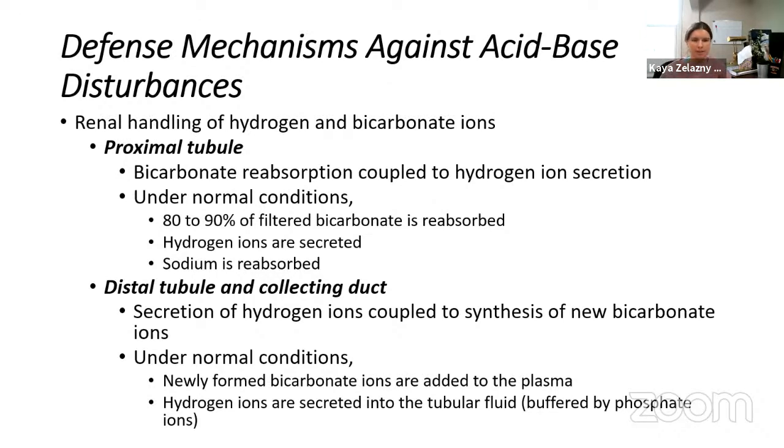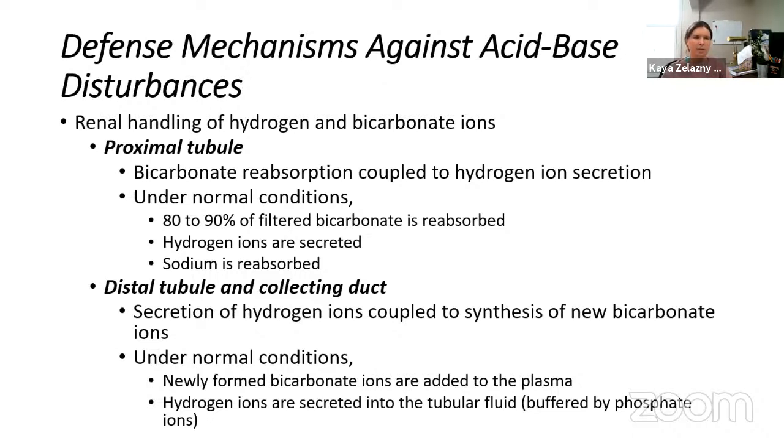So normally what's happening is this. In the proximal tubules, we have reabsorption of bicarbonate ions that's coupled to secretion of hydrogen ions. So usually we're kind of trading. We're reabsorbing a bunch of bicarbonate from the tubular fluid, moving it into the plasma. And at the same time, we're taking some hydrogen ions and we're secreting them into the tubular fluid.